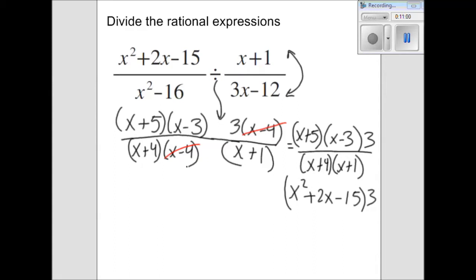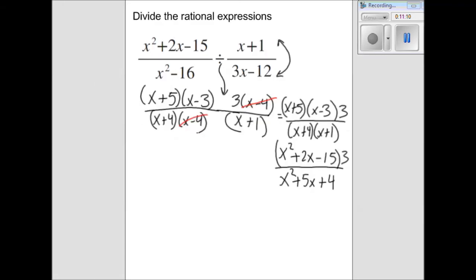And then on the bottom, I have an x squared plus 5x plus 4. And we do want to go ahead and multiply and distribute that 3. So my final answer is 3x squared plus 6x minus 45 all over x squared plus 5x plus 4.